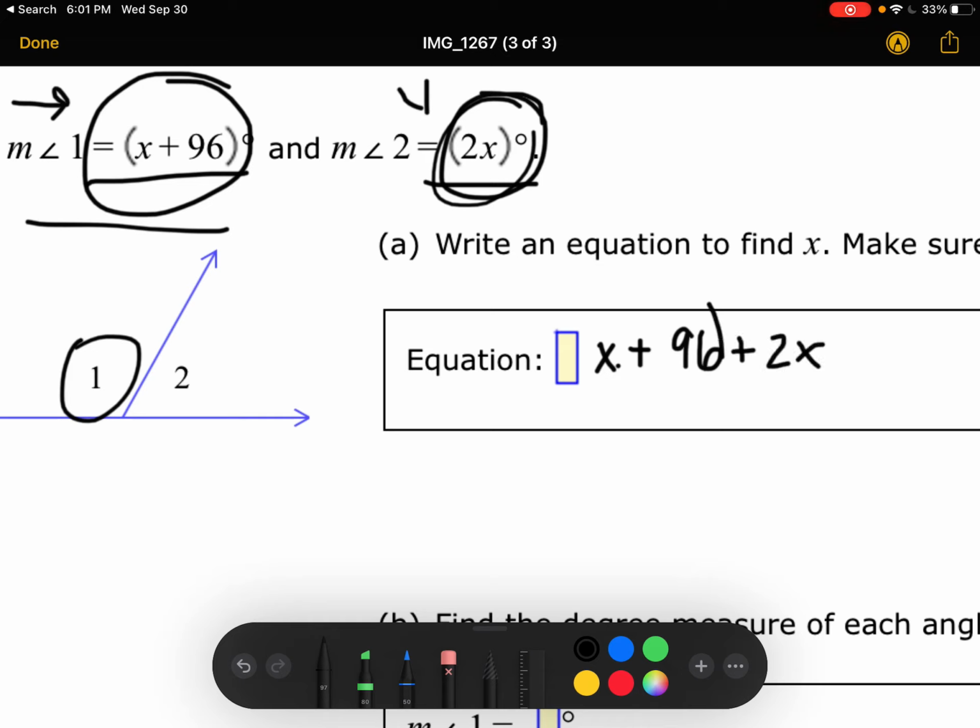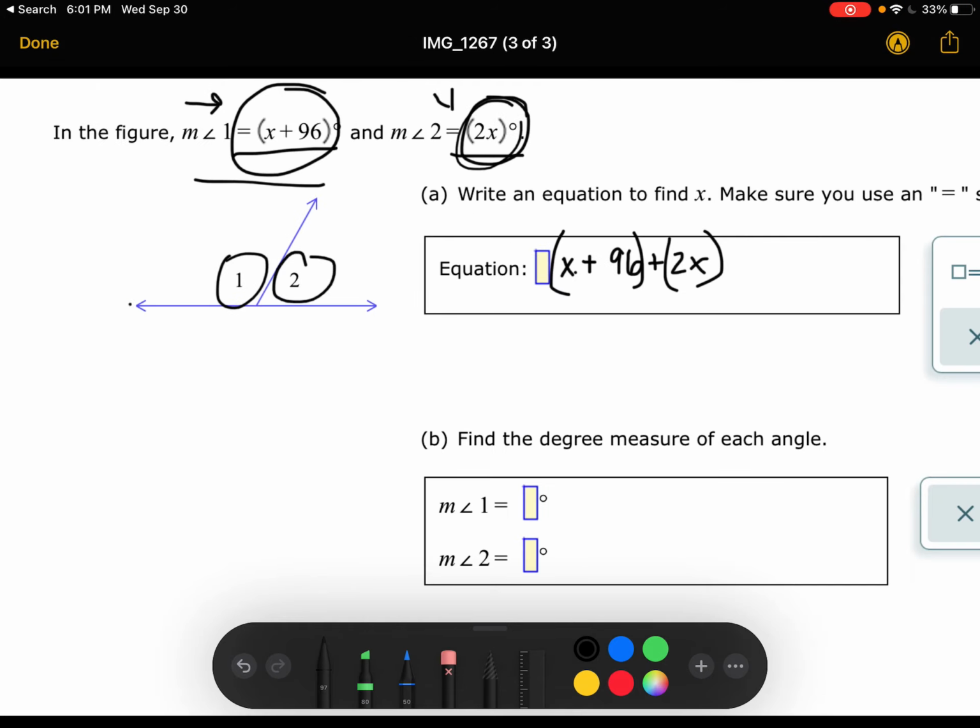Added together, this plus this equals 180 degrees. Now, if you have the right angle, you're going to put 90, and then just keep going with whatever is there, but that is the only difference between those two questions that you might see.